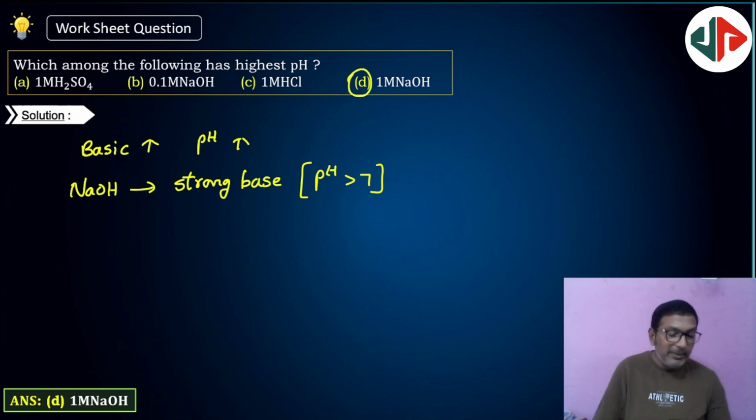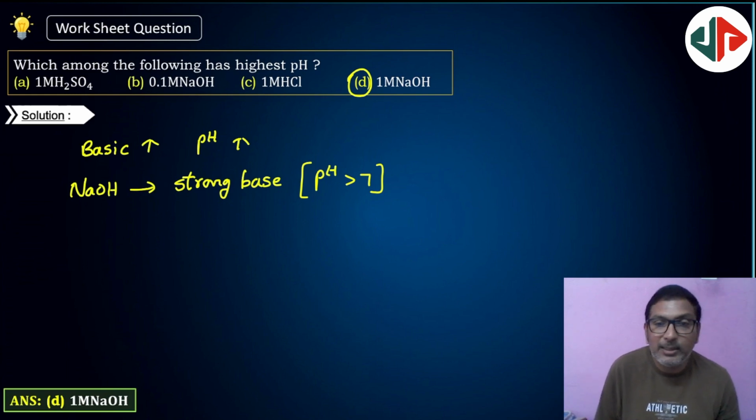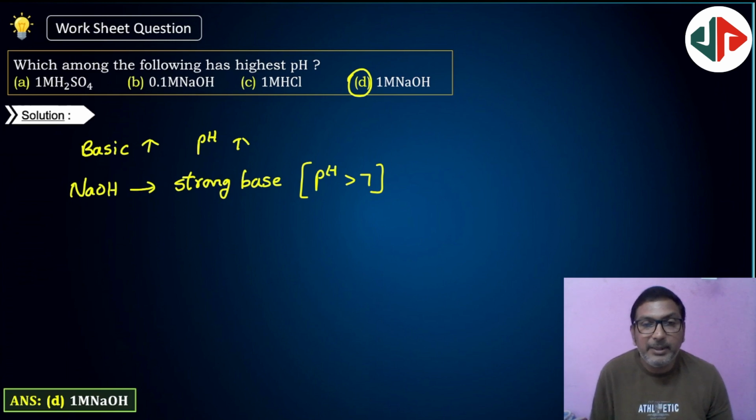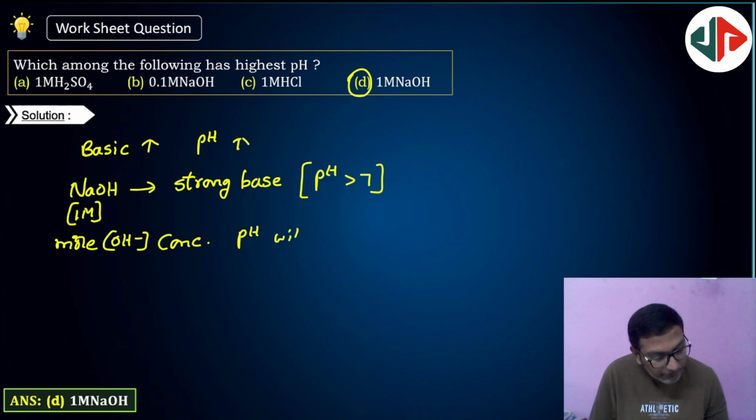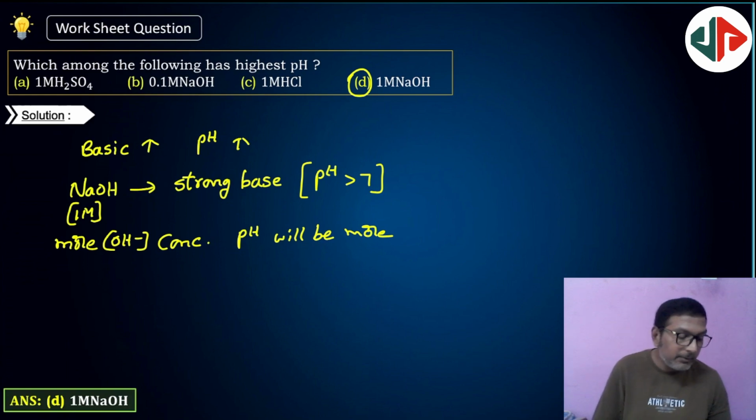So you just have to compare options B and D. A and C are acids, pH less than 7, so less value of pH. Between B and D, D has more concentration. Therefore, pH will be more. 1 molar NaOH, more concentration, more OH minus concentration. Therefore, pH will be more. Very, very important.